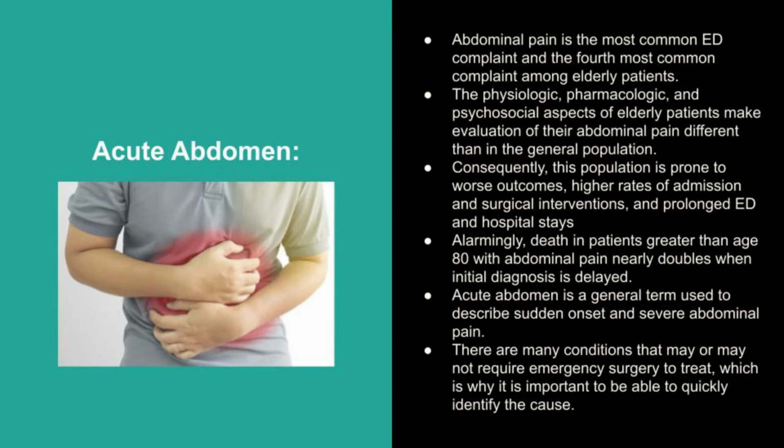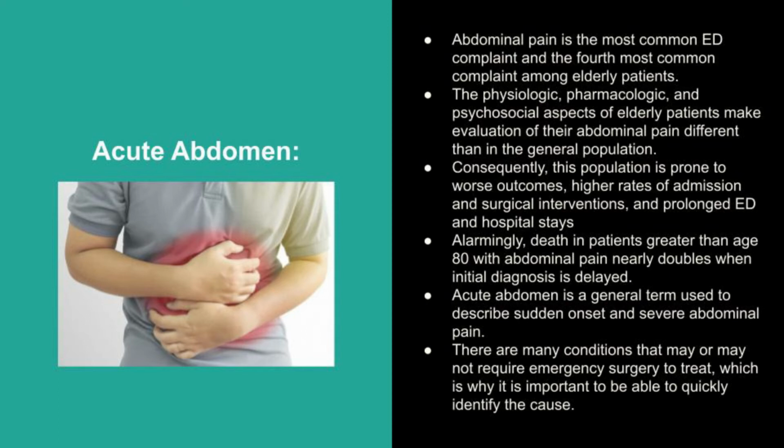Abdominal pain is the most common emergency department complaint and the 4th most common complaint among elderly patients. The physiologic, pharmacologic, and psychosocial aspects of elderly patients make evaluation of their abdominal pain different from the general population.